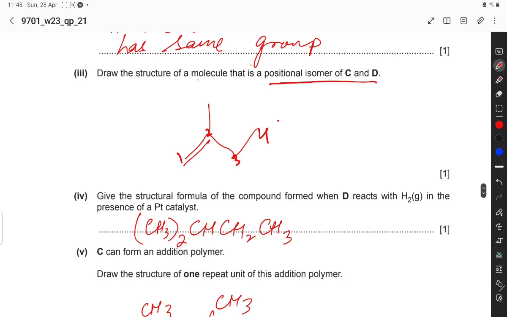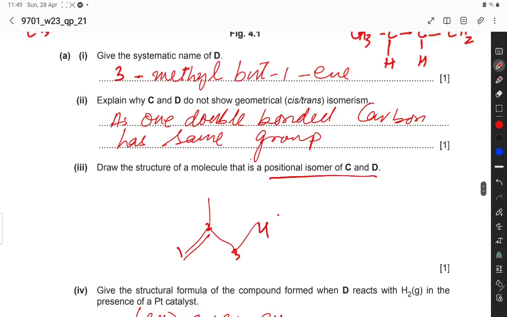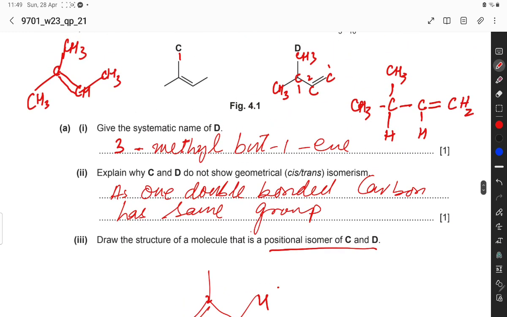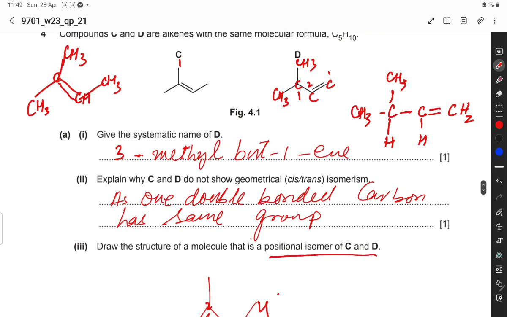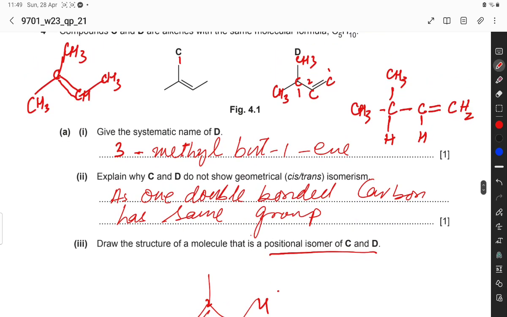Draw the structure of the molecule that is a positional isomer of C and D. One, two, three and four.